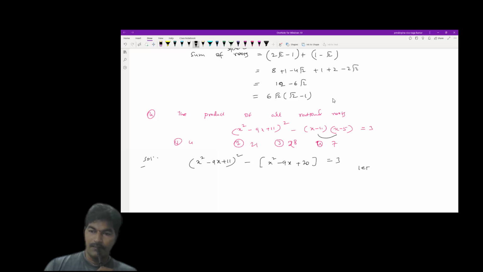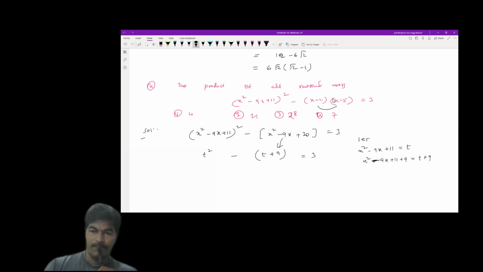So let x square minus 9x plus 11 be t. Adding 9 on both sides, the factor becomes t plus 9 equal to 3.